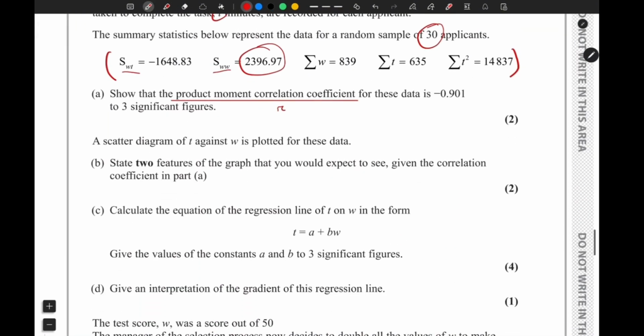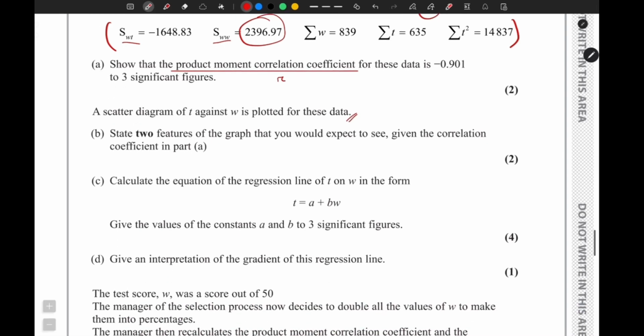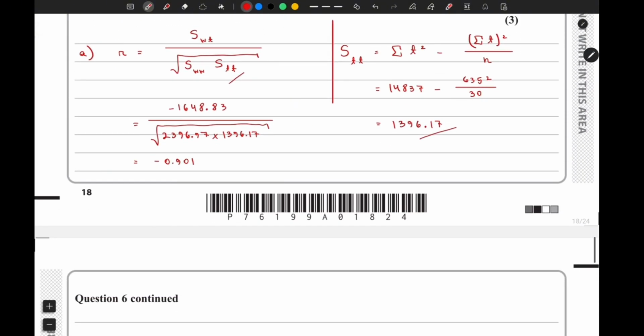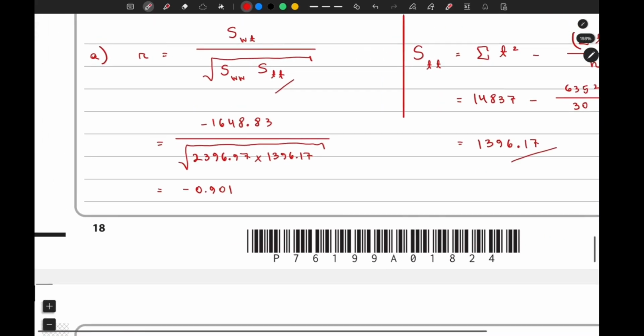Now for the second question: a scatter diagram of t against w is plotted for these data. State two features of the graph that you would expect to see given the correlation coefficient in part A. As you can see, the value of r, the PMCC, is close to -1.